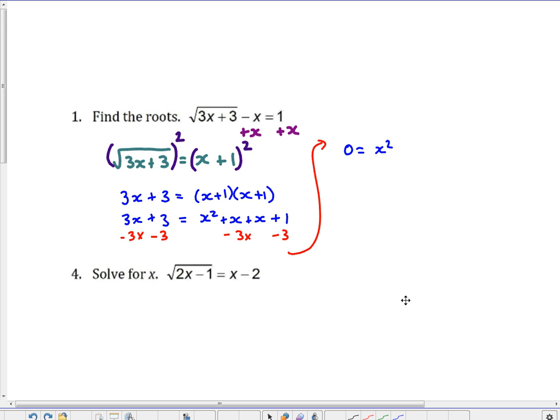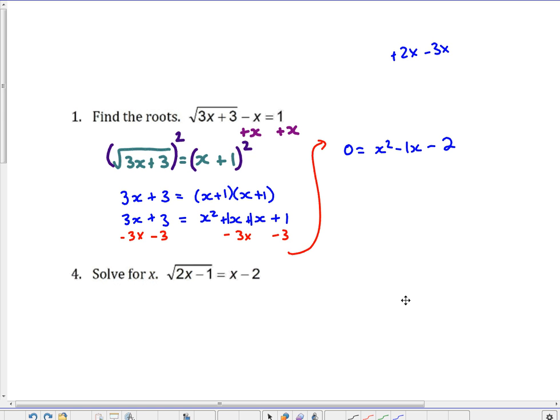So we had 2 x's, right? Because x plus x is 2x. Minus 3x is minus 1x, right? We have 2x minus 3x, and then 1 minus 3, negative 2.